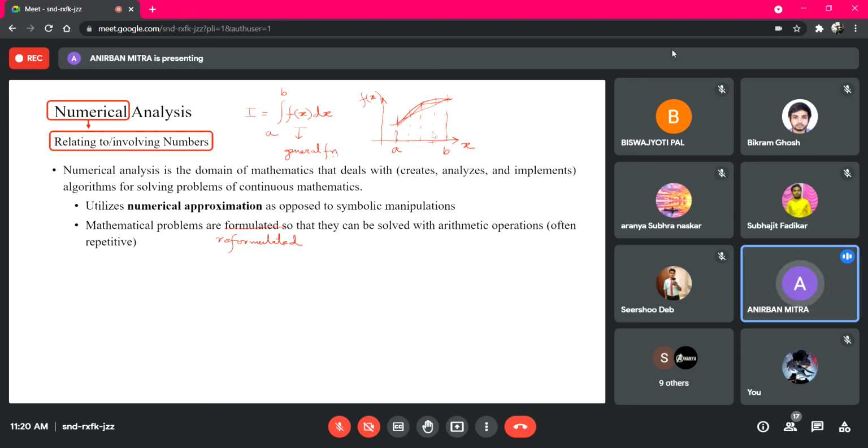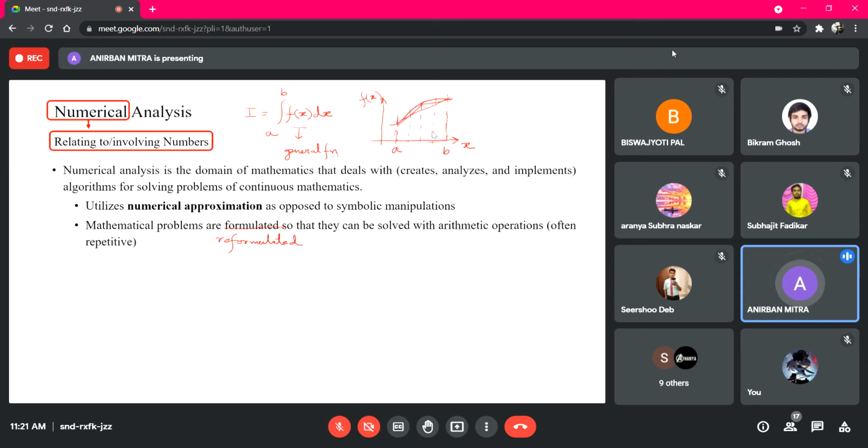Think about the trapeziums. They are not going to give you the exact area under the curve. You can approach the exact area by increasing the number of intervals and thus the number of trapeziums, but there would be certain errors associated with it. So numerical analysis is inherently giving us approximate results, and that is in another way saying these results have errors in them.